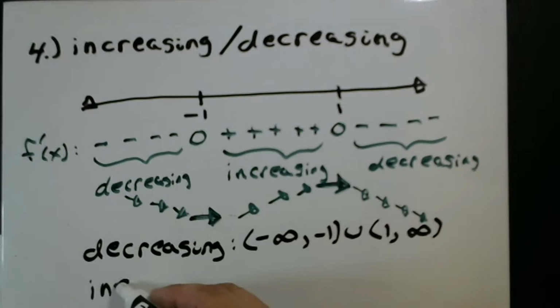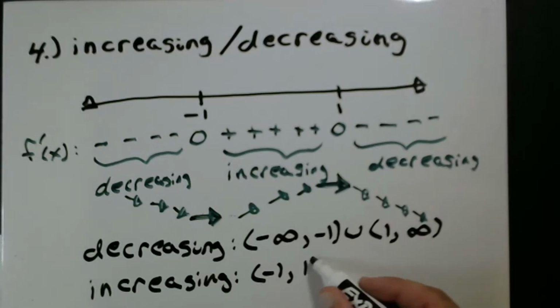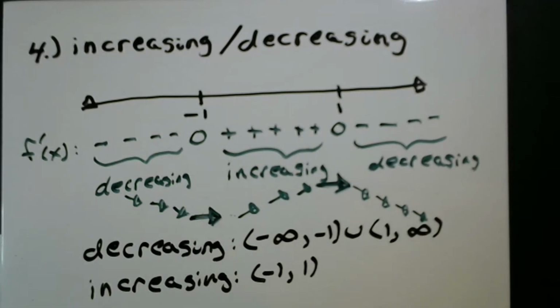And it's increasing from -1 to 1. So that can help us get a picture of what's going on.